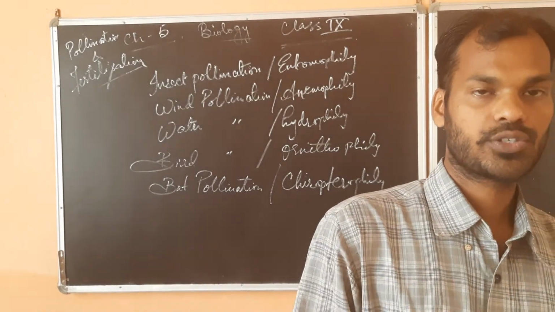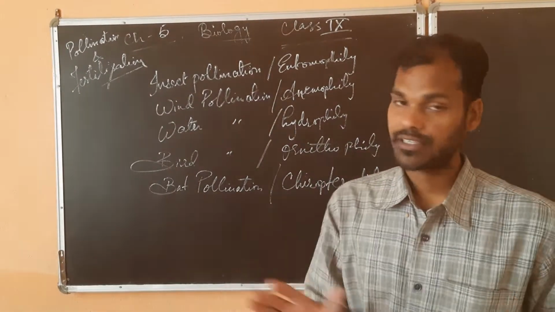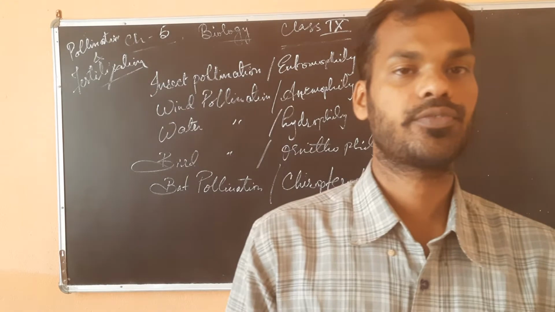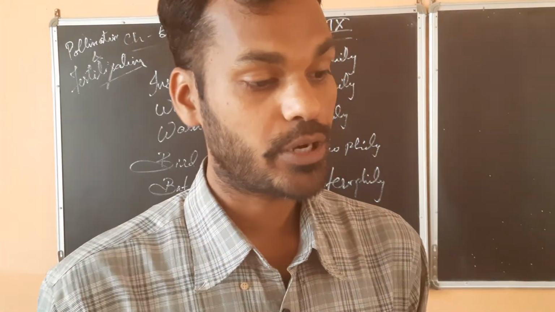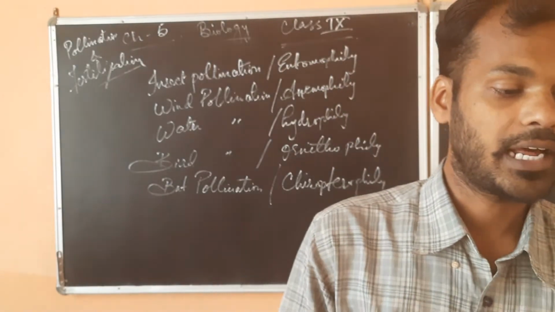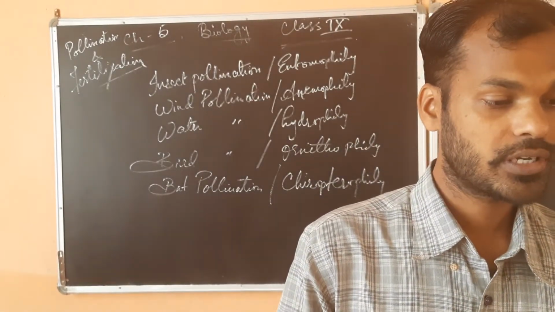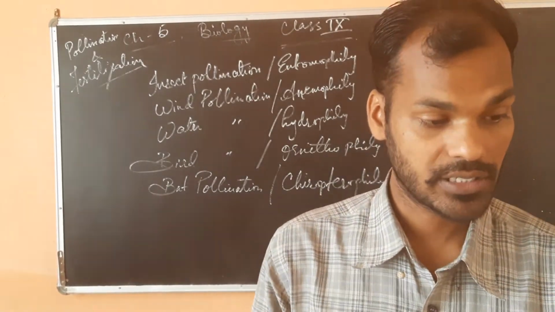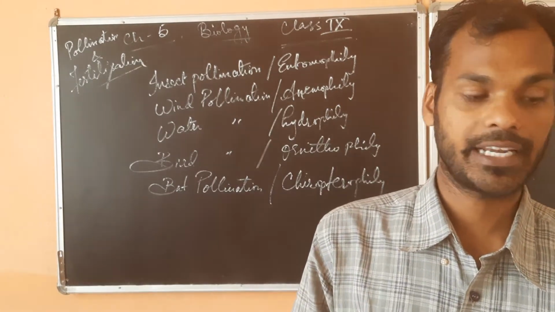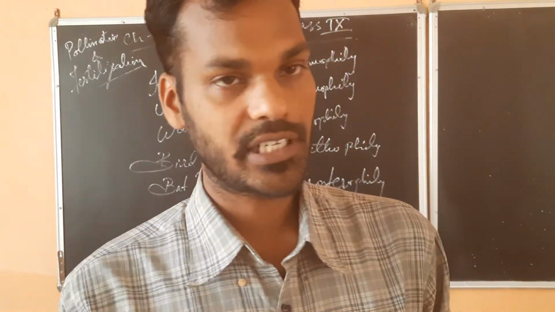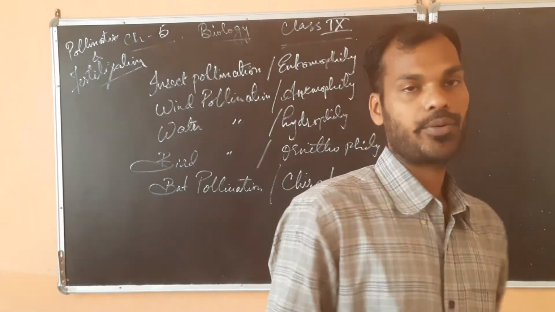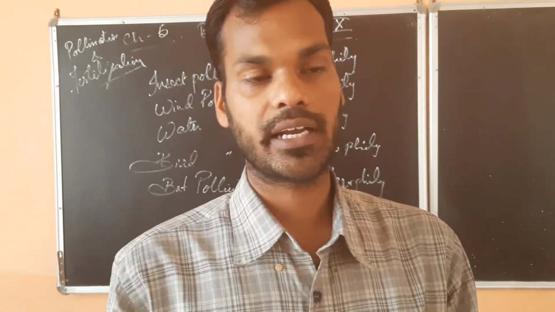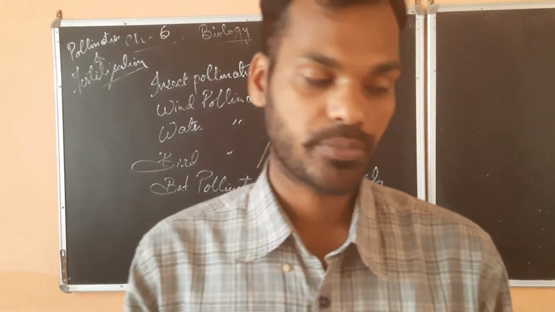Next we have the advantages of cross pollination. Stronger, healthy offspring will be produced. Then a large number of seeds will also be produced. Then crossing over is employed for improving the variety of crops and the development of vegetables and fruits. Whatever fruits and vegetables are coming in today's market are coming by these cross pollination methods.